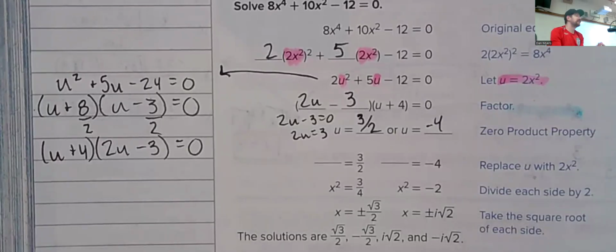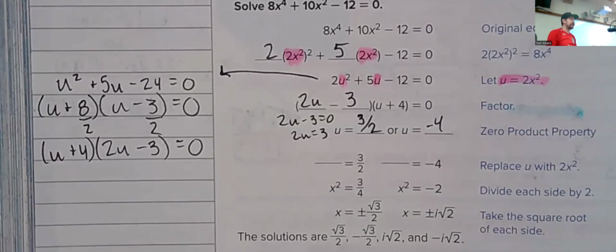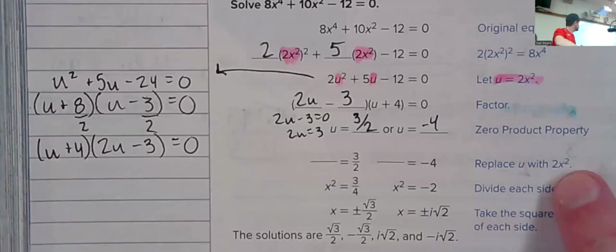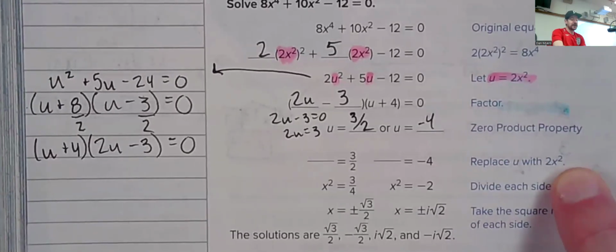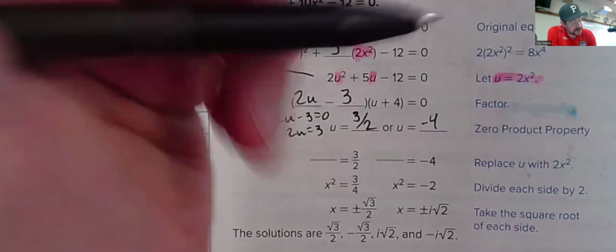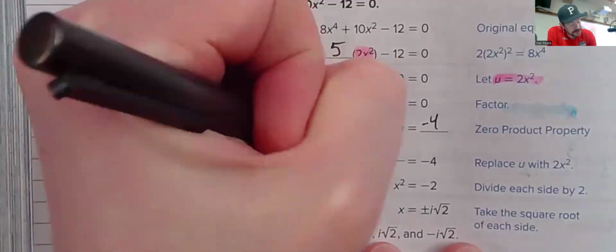So once you have your u variable solved for, then you can substitute back in what the u value actually is, which is 2x squared. So we're going to swap out u back for what it actually equals, which is 2x squared.